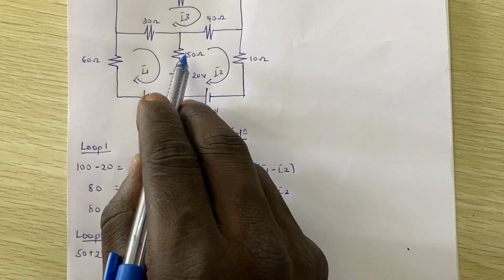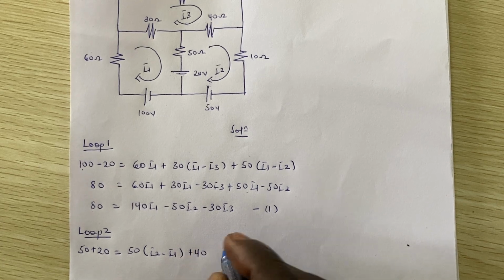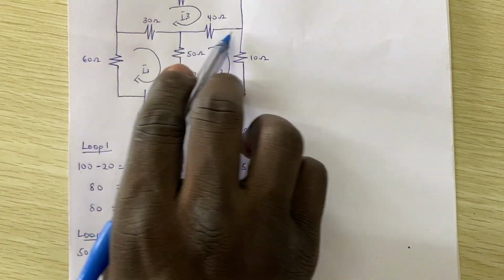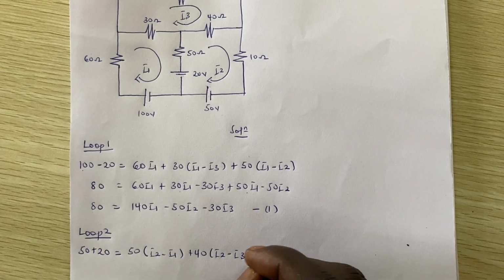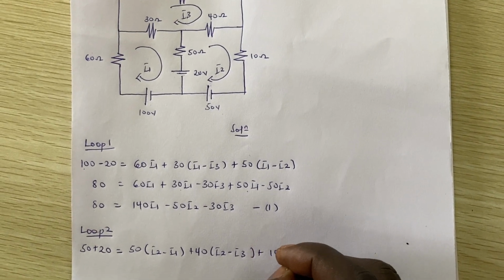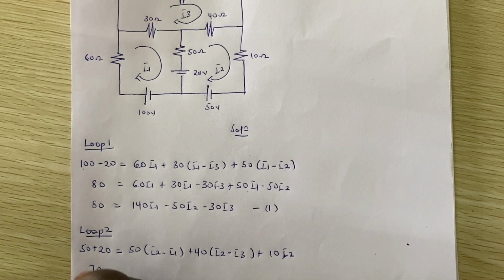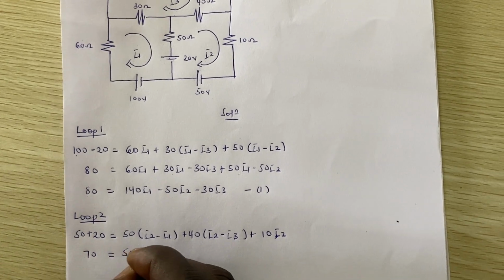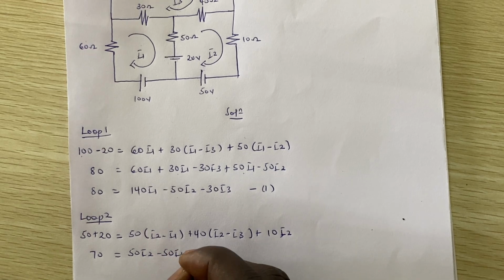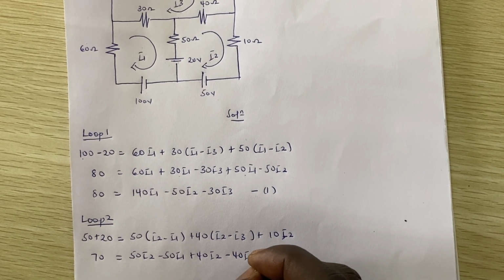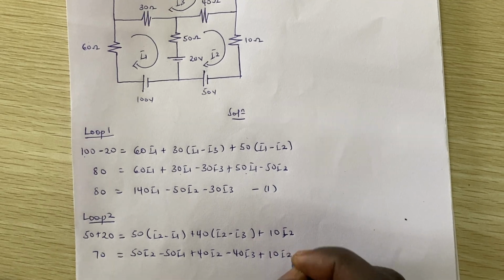Good. So here we have plus 40 bracket I2 minus I3, because I2 goes this way, I3 comes this way, plus 10 I2 because it's the only current that flows through the 10 ohms, right? So 70 is equal to 50 I2 minus 50 I1 plus 40 I2 minus 40 I3 plus 10 I2.